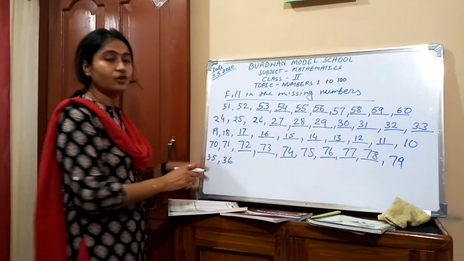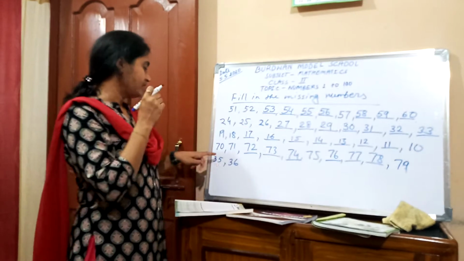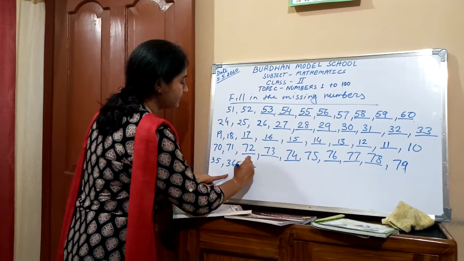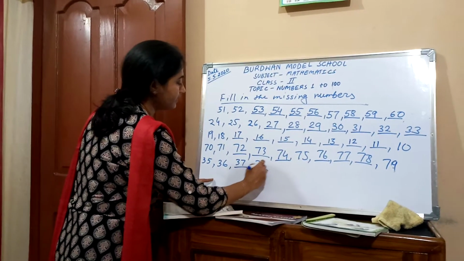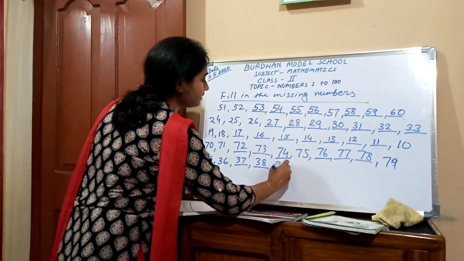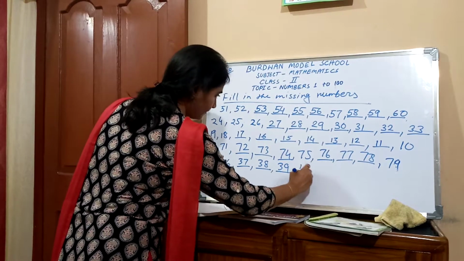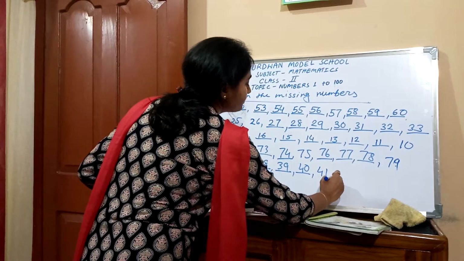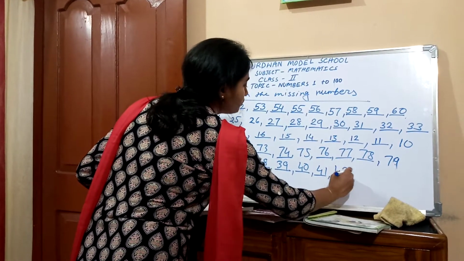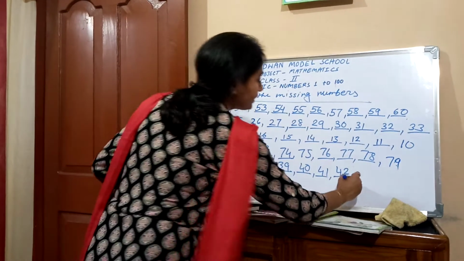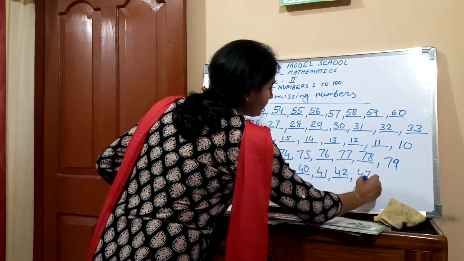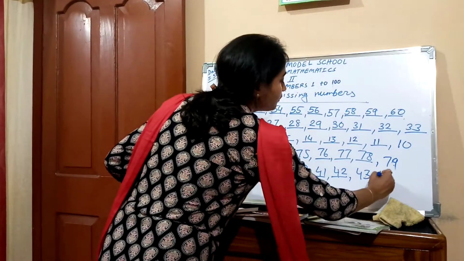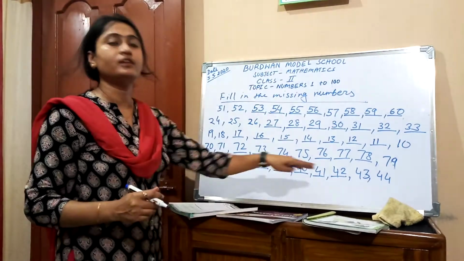It is also forward counting. 35, 36, then 37, 38, 39, 40, then 41, then 42, 43 is given, and then 44. Okay, this is also forward counting.